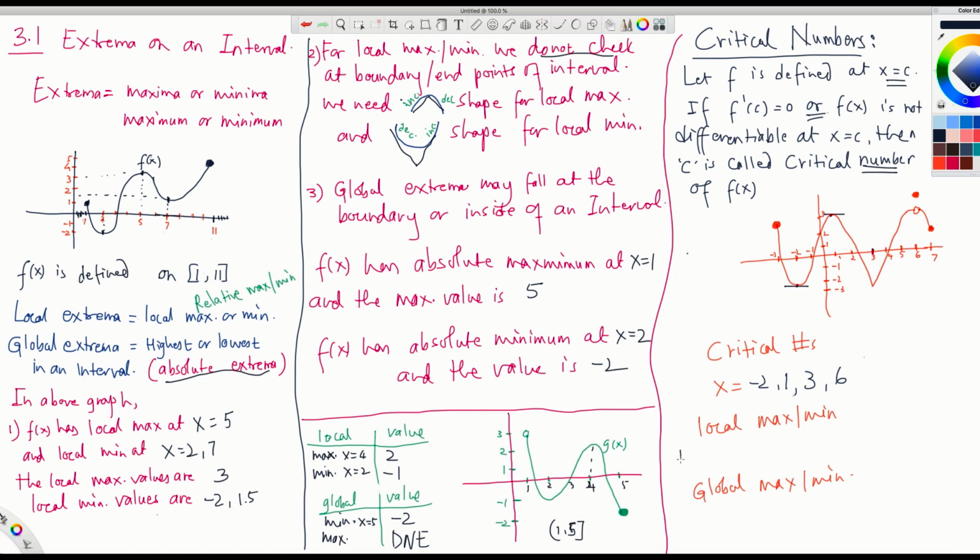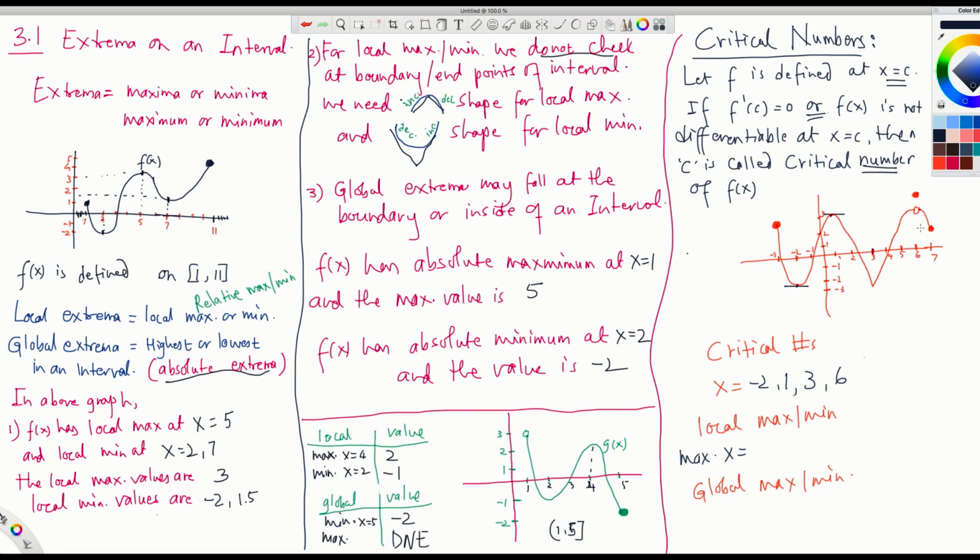What are the local max and local min? Let's find the max. This is a local max because around 1, at 1 is the highest point. The height of the function is the maximum at 1 when you compare to the points around 1. So this is 1, and at 6 as well, right?